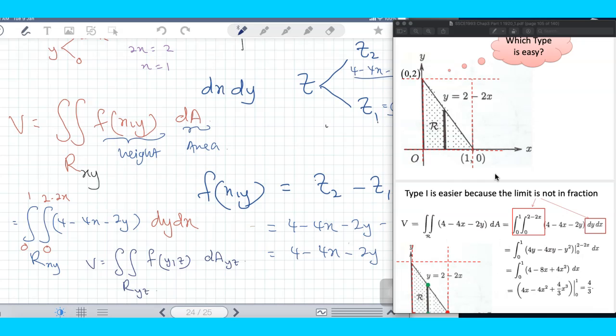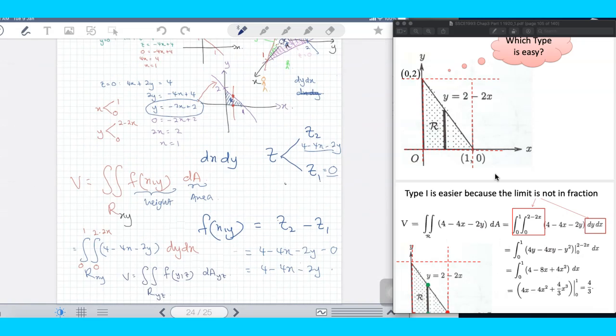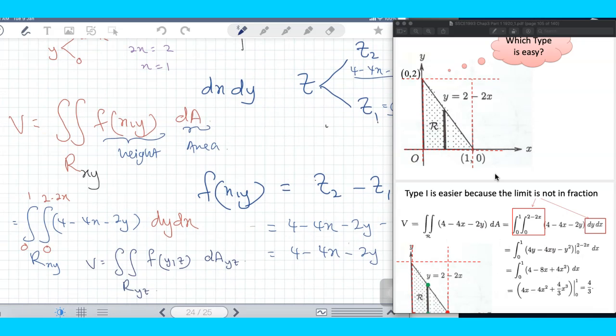Okay, so your function should be, because now you have Y and Z, ask yourself, what is the other variable that is still not used here? You already used Y and Z, so you cannot see the X, right?